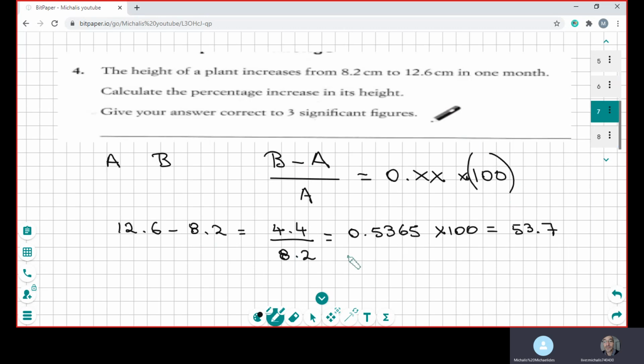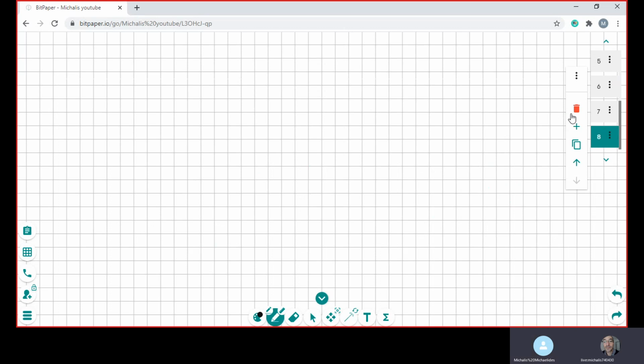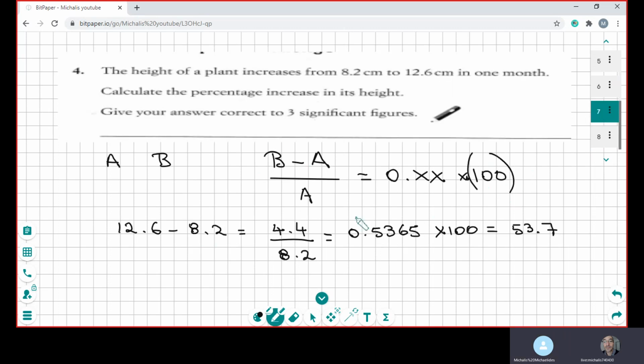If I have a decimal 0.5365, I need to have only three digits starting from the left, non-zero. So I draw the line at this point. Because it is 5 and higher, I make it rounded up.